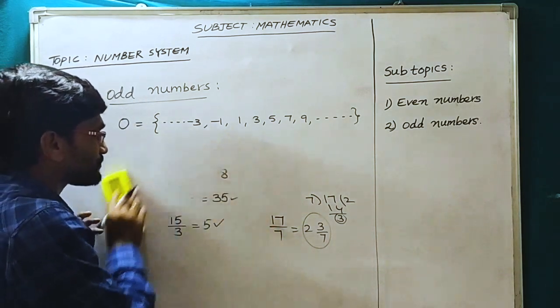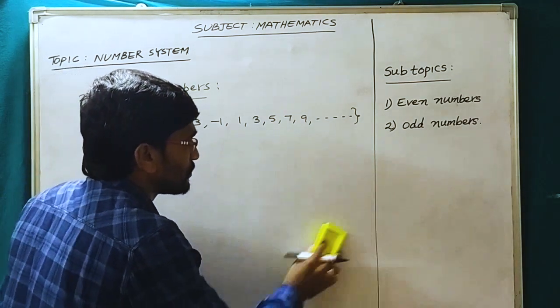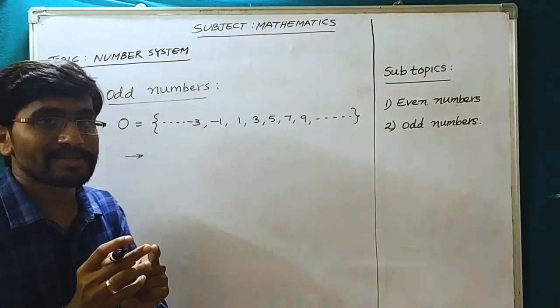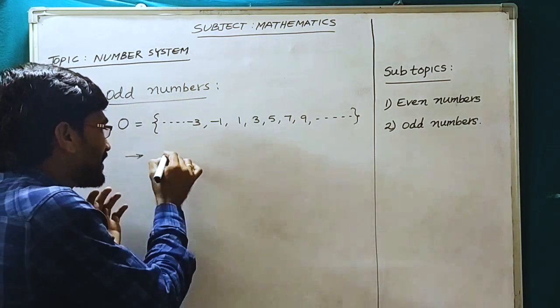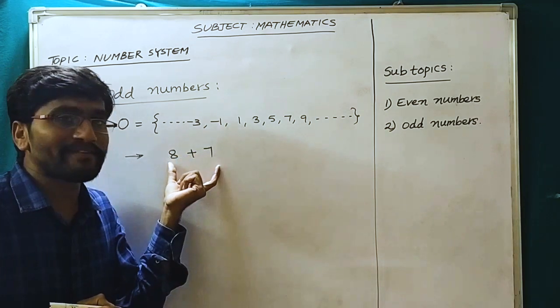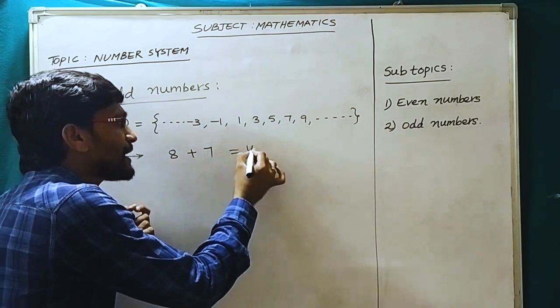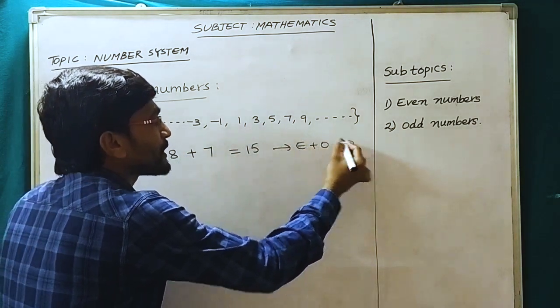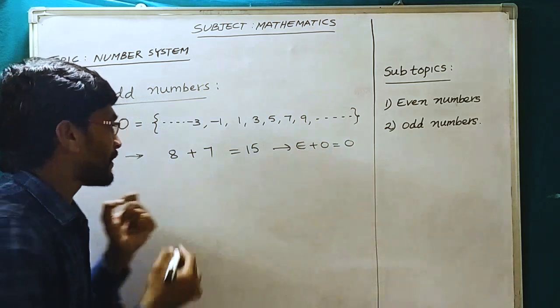And some more points. The sum of an even number and odd number gives an odd number.